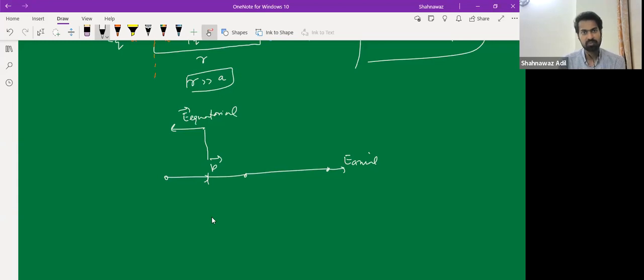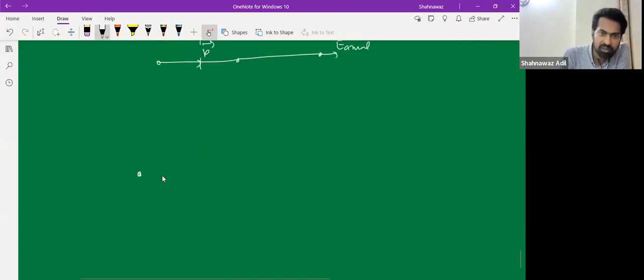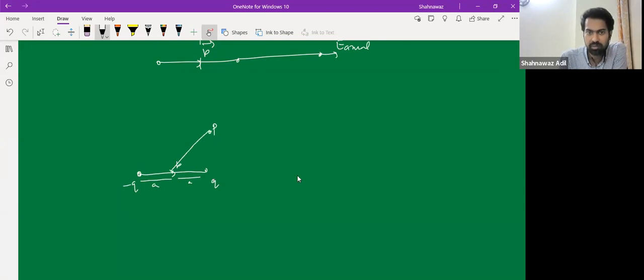Now the question arises: what would be the electric field at this point, where this is A, this is A, this is P? This is neither the axial point nor the equatorial point, right? So this is making an angle theta with this.